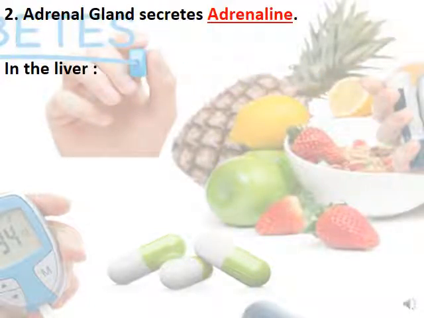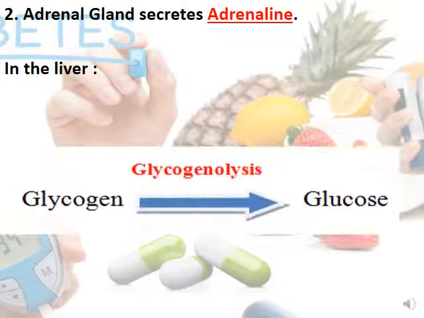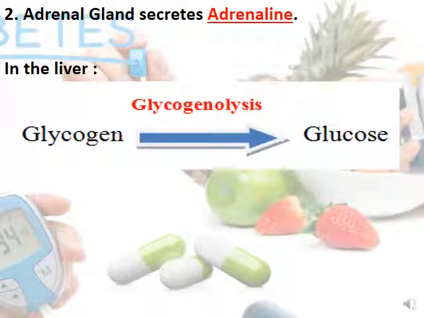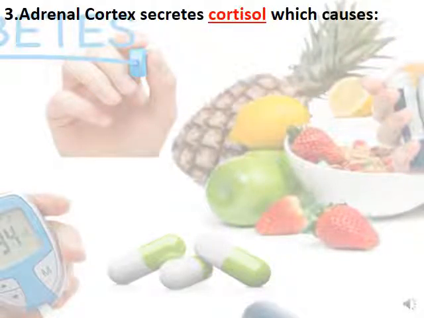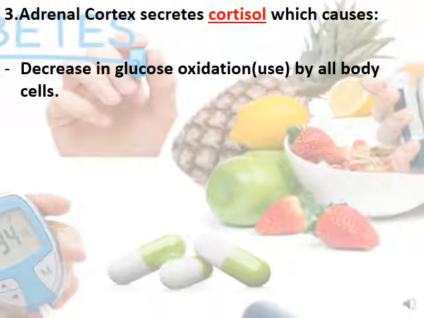The adrenal gland secretes adrenaline. In the liver, what will happen? Glycogen becomes glucose in the reaction of glycogenolysis. Also, fatty acids, glycerol and amino acids, by neoglucogenesis, become glucose. We saw this in the previous chapters. The adrenal cortex secretes cortisol, which causes a decrease in glucose oxidation, meaning a decrease in glucose usage by all the body cells.